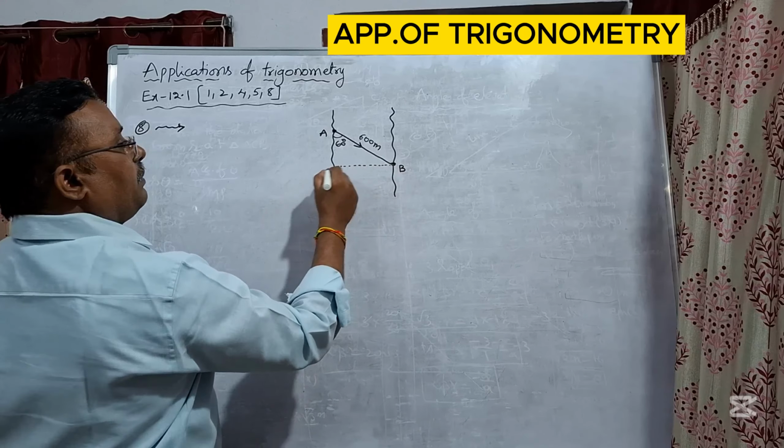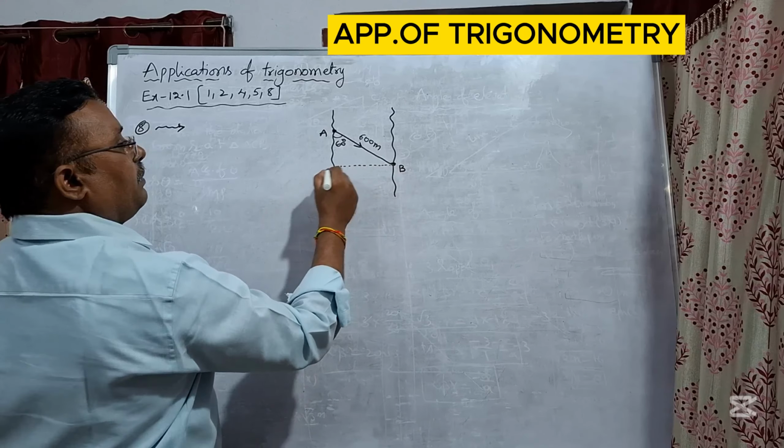So you observe that clearly there will be a right angle triangular shape. From this right angle triangle ACB, we know the angle 60 degrees and its hypotenuse. We want its opposite side.